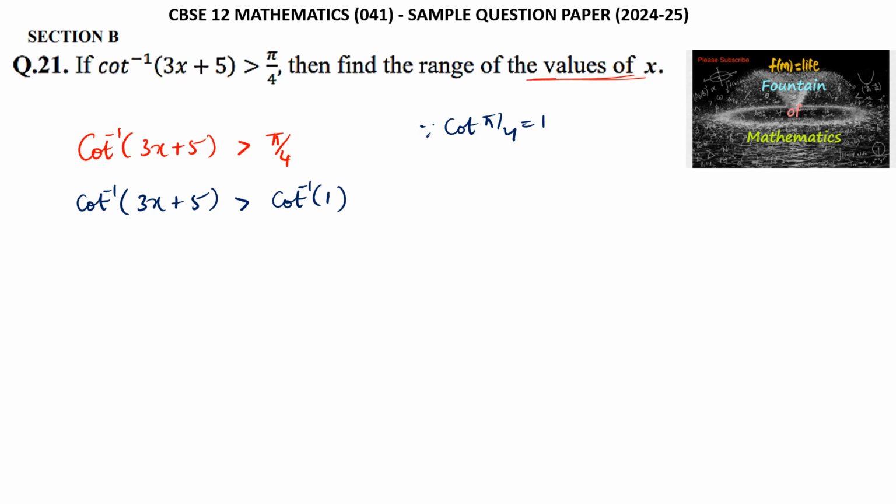cot inverse of 1. Let's see the graph of cot inverse of x. The range is 0 to pi. And the graph we can see lies between 0 and pi.